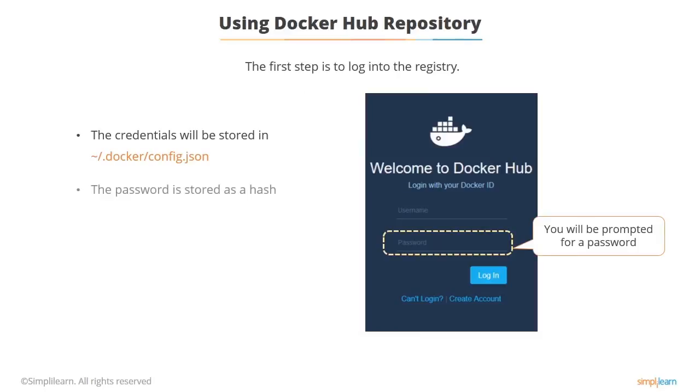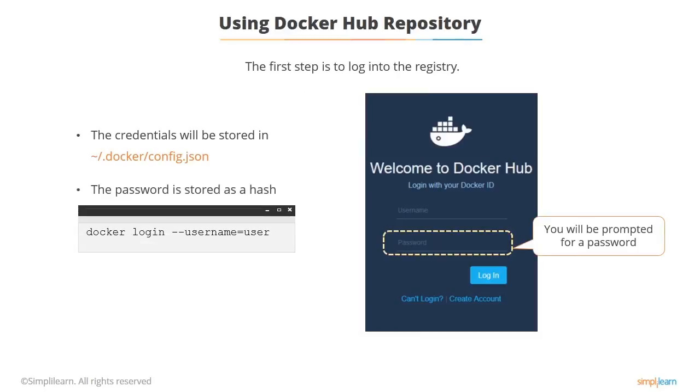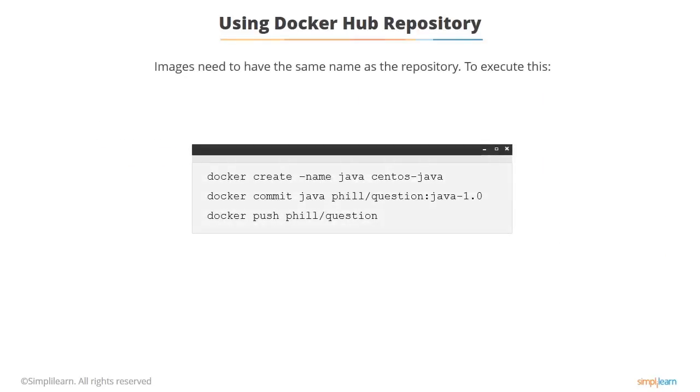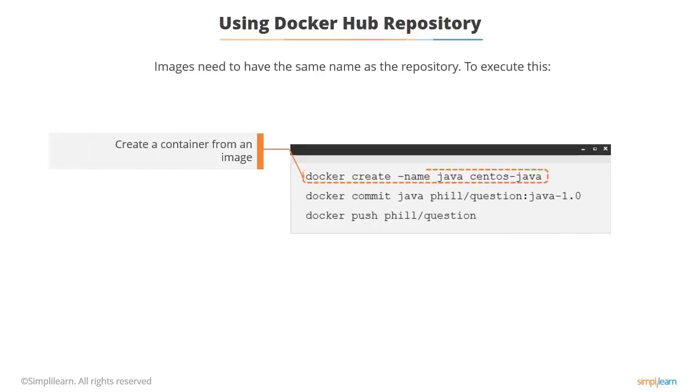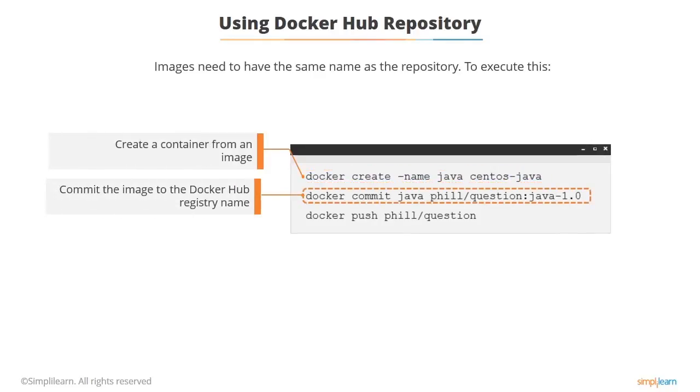Now, images need to be the same name as the repository, because the repository only contains one type of image. So you can commit an image to the Docker Hub registry name, or you could do it to another name. Okay. So you can use a new tag when you commit an image. So this one is creating a Java image from a Dockerfile called Java, and then we commit it.